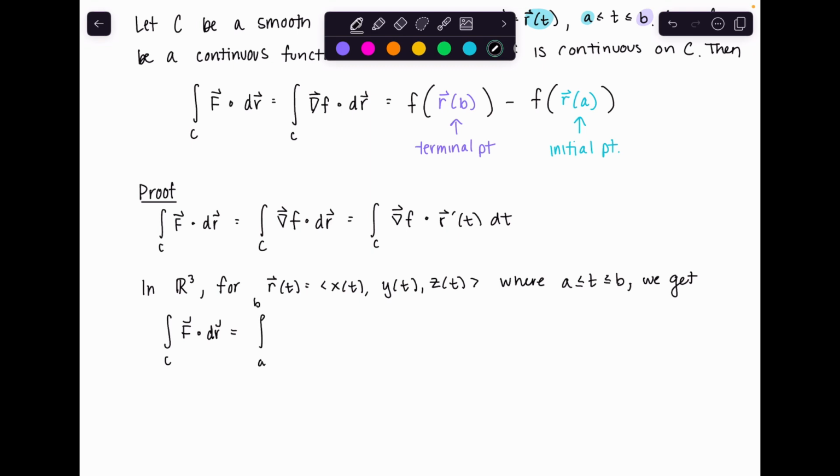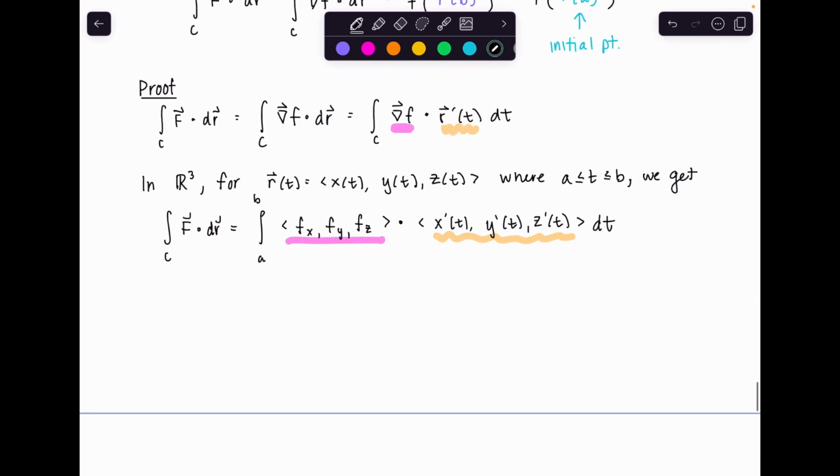We're going to take that gradient vector, which is the partial with respect to x, partial with respect to y, partial with respect to z, and dot product it with r prime, which is x prime of t, y prime of t, z prime of t, integrated with respect to t. So this is that first piece, and then this is that second piece.